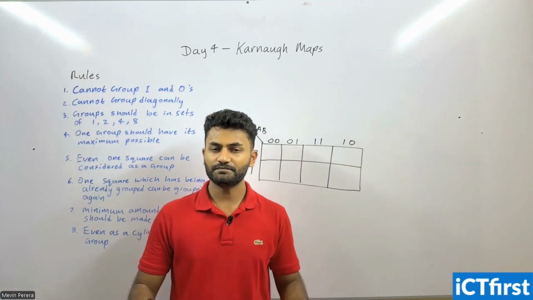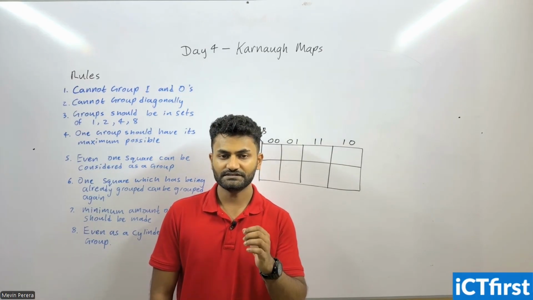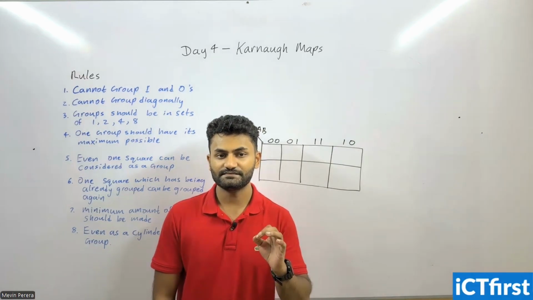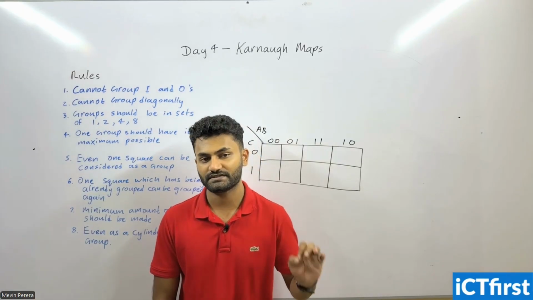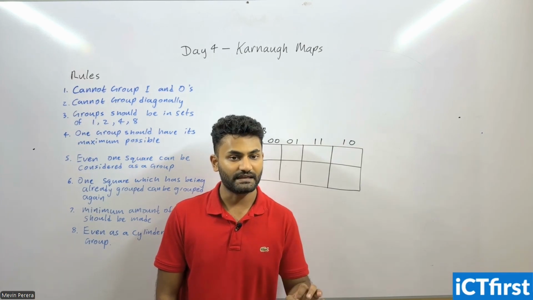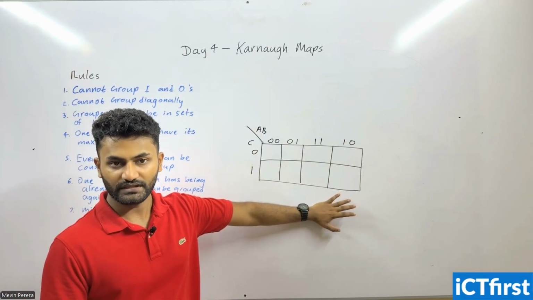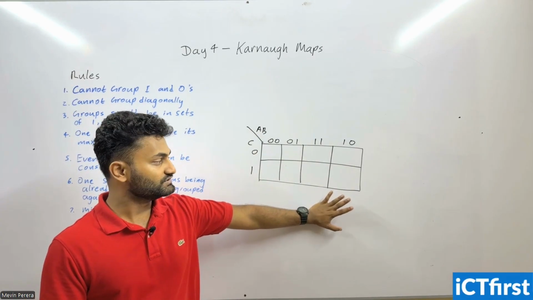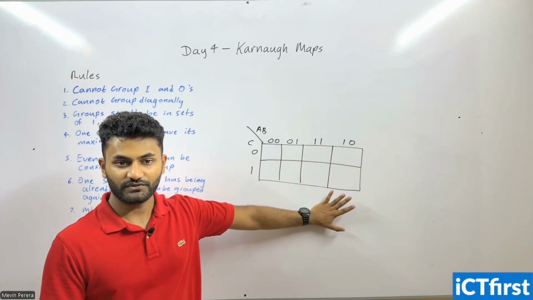In the previous session, we simplified all the expressions. But it's not 100% correct. We are not exactly sure whether it is the most simplified version. Most of the time, about 90% of the time, it will give the most simplified expression, but sometimes it might fail. But when it comes to Karnaugh maps, we are 100% sure. It's far more accurate than the Boolean laws. Using Karnaugh maps, we are 100% sure that we can get the most simplified version.